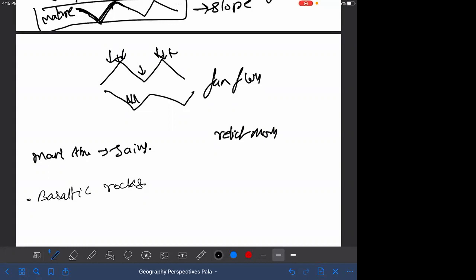This high susceptibility to erosion has led to the development of badland topography.